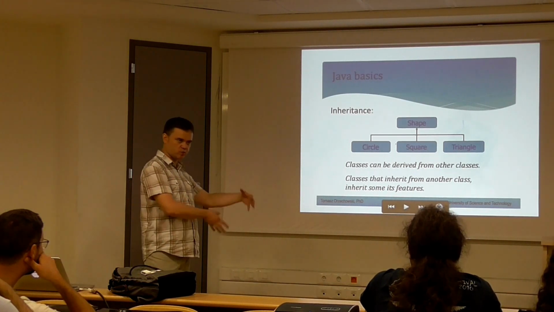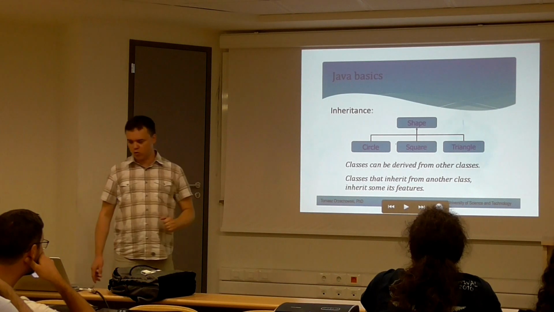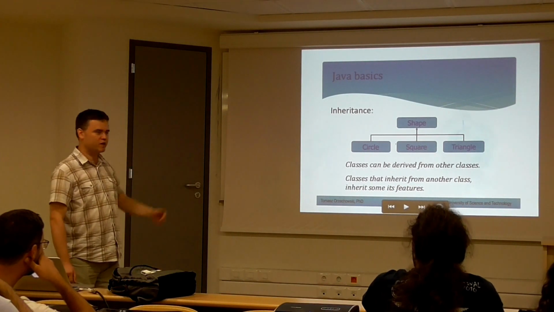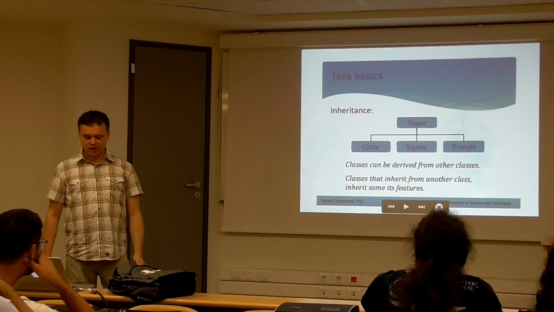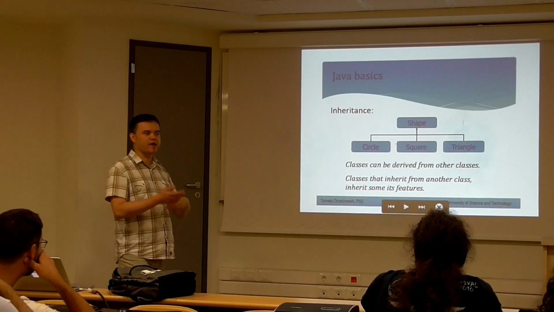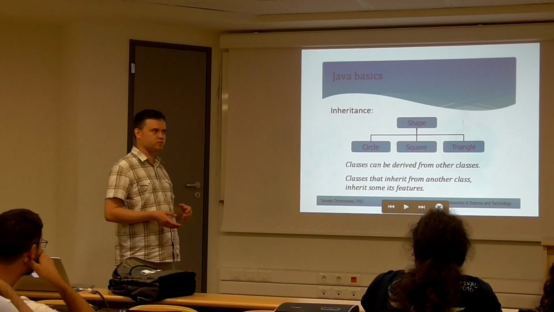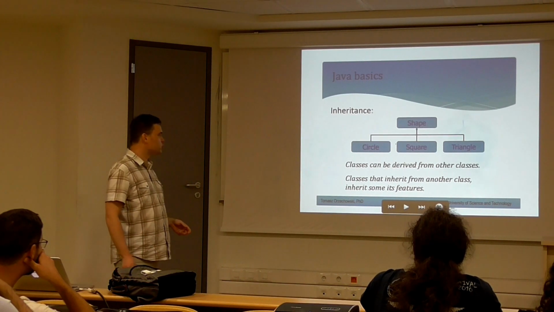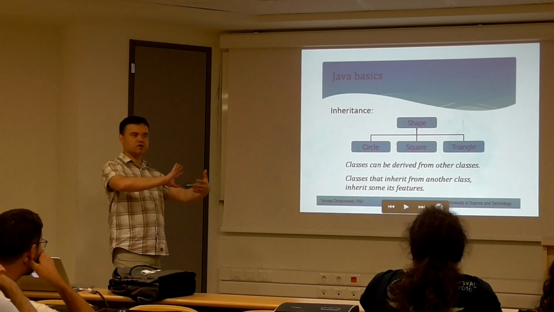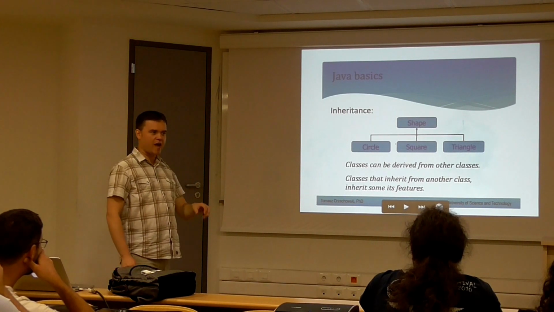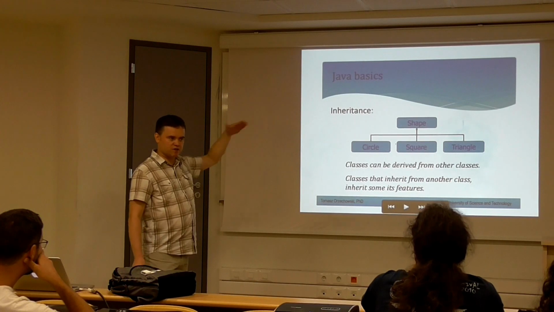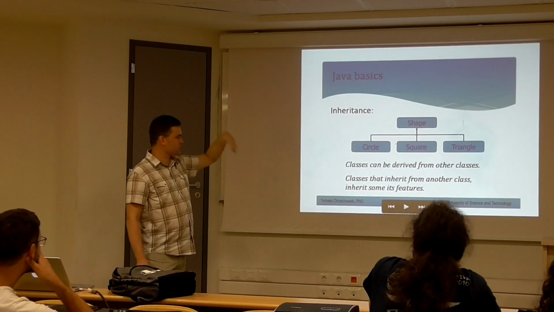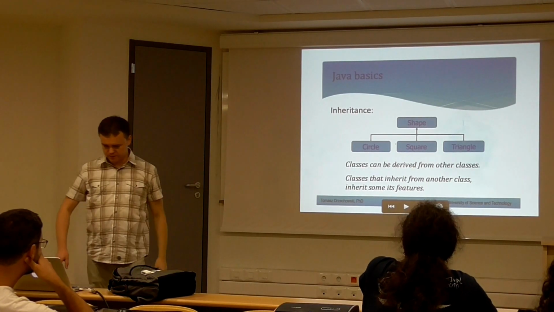All these features will be available in all these classes, but we can add some extra methods. Also, we can change how a method works: we can override it by adding a method that has the same name as in the parent class, in this case Shape.